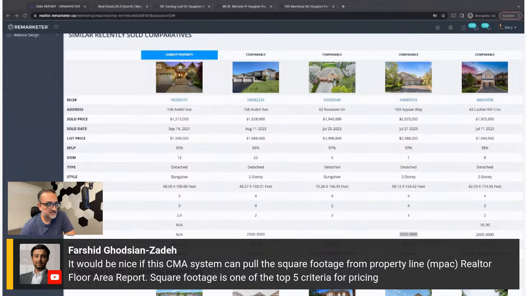But this is all for a quick reference, for you to be able to see what the big picture is and tell the story to your client. And then obviously, when you really want to sit down and do the pricing, that's what it is. So in fact, what Farshid is saying here is an interesting comment. You're door knocking, and you have this information and you're talking with the client.